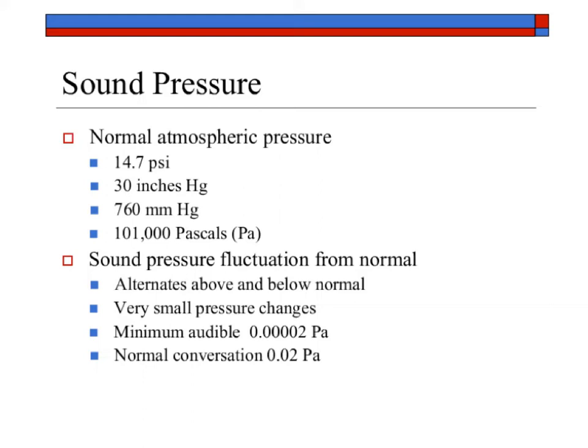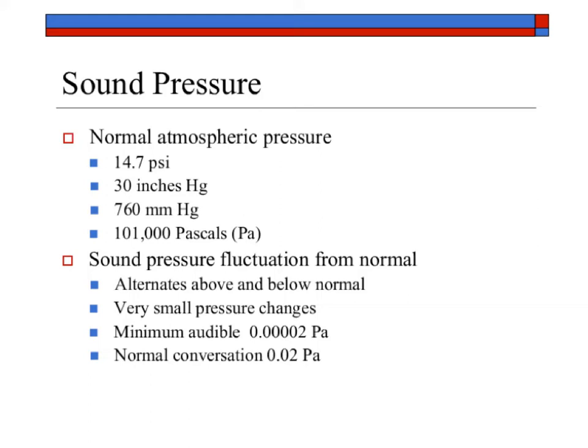As the wave passes through the air, the pressure increases and decreases slightly above and below the normal atmospheric pressure, whatever it may be. Now, these are very small deviations, and the minimum audible sound pressure deviation is usually stated as 0.00002 pascals.